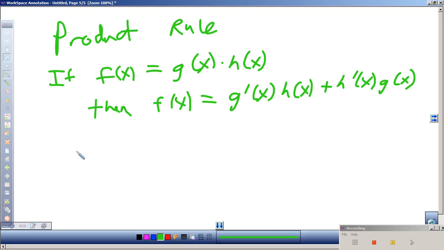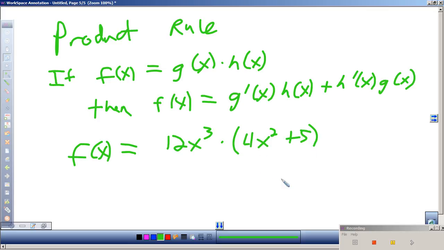So, f of x equals, let's say, 12x cubed times, say, 4x squared plus 5. Now, we could distribute this out and get it that way. However, I want to do a demonstration of the product rule. First, which part would be g of x?